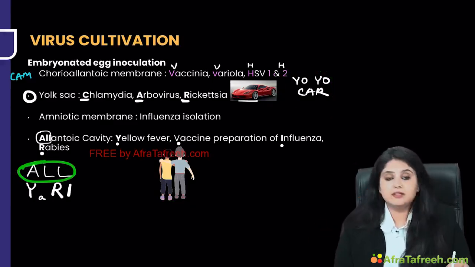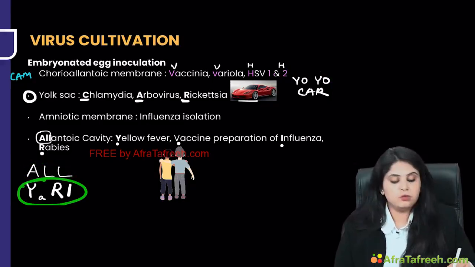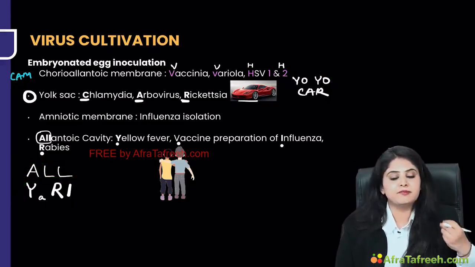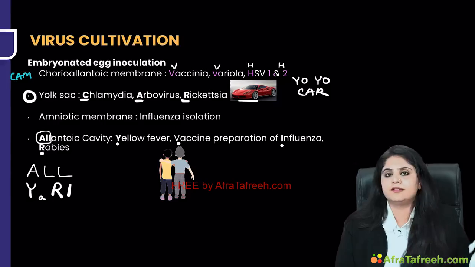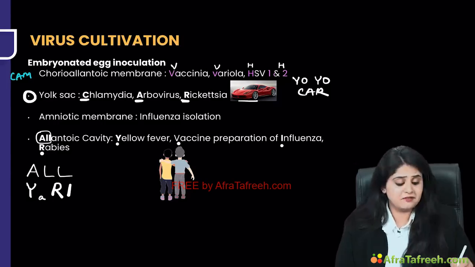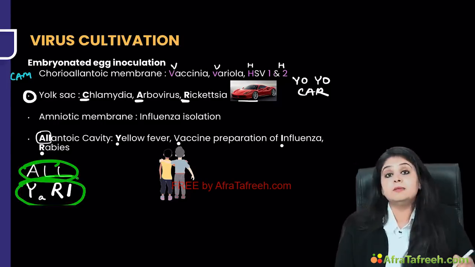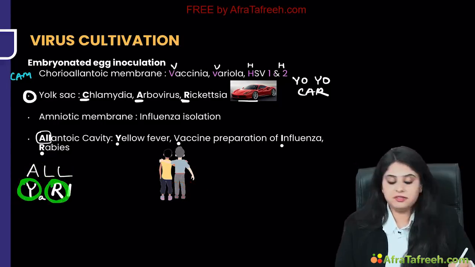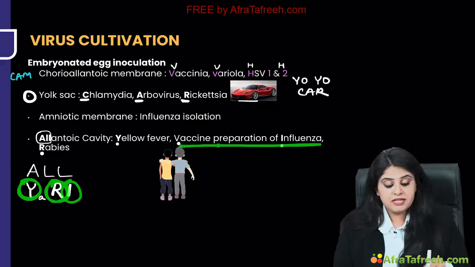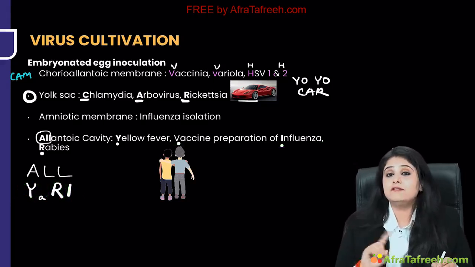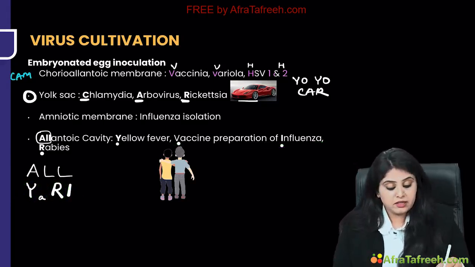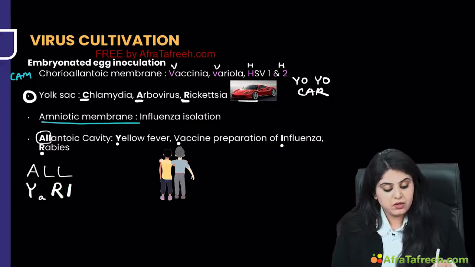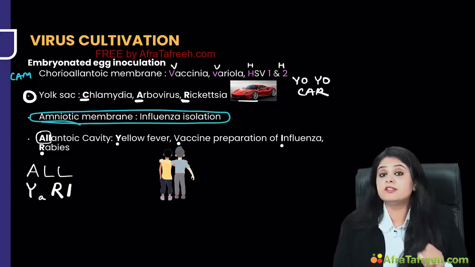If they all come together, they become best friends instantly, just a handshake and they are friends for life. So together they become yari: yellow fever, rabies virus, and influenza vaccine preparation, not influenza growth. Influenza growth happens in the amniotic cavity. So please note this difference.